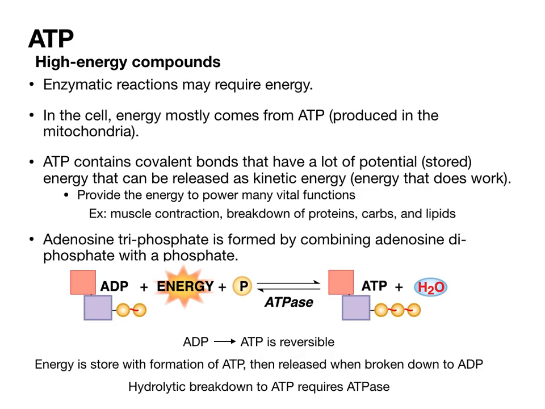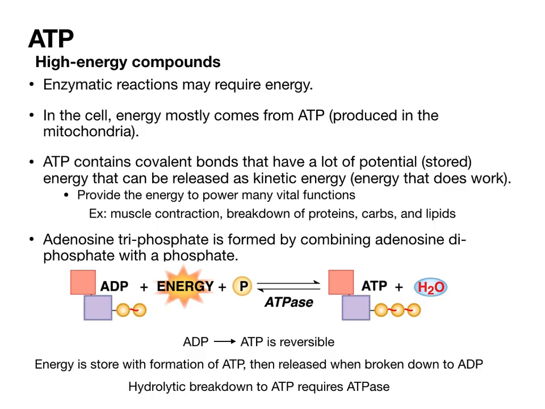So we have ATP, which is our high energy compound. This enzymatic reaction may require energy. That's why we need the ATP. In the cell, energy mostly comes from ATP, which is produced in the mitochondria. The ATP contains covalent bonds that have a lot of potential stored energy that can be released as kinetic energy. This is the energy that does work.